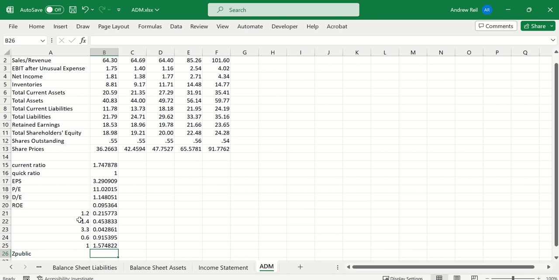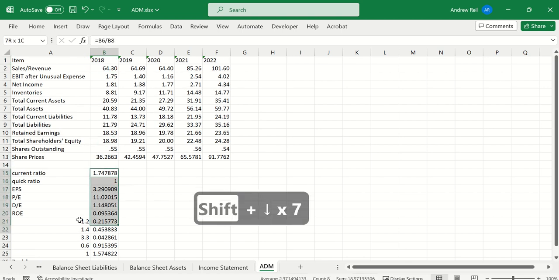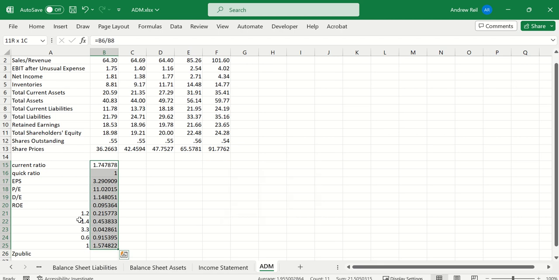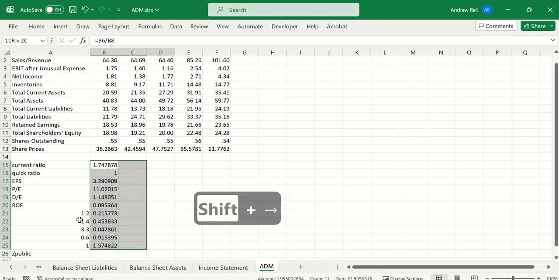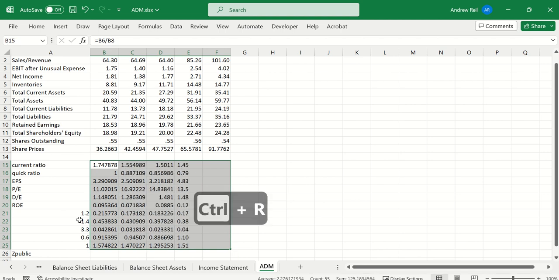Okay, and then the formula here. Before I do all this, I've only done this for 2018, but I'm going to select them all, starting with the current ratio, and then hold down Shift and bring it for all the years, and then Control R to autofill it across.